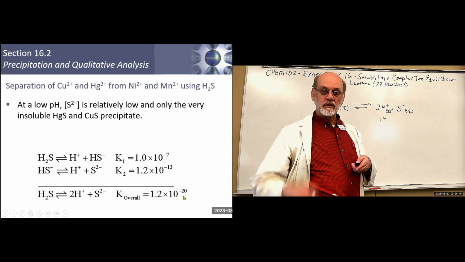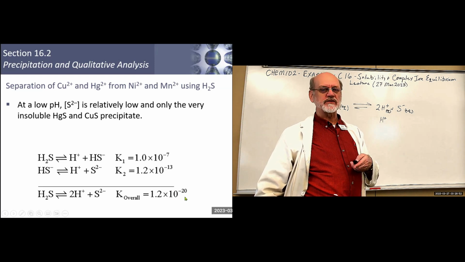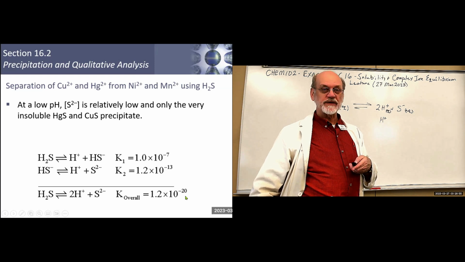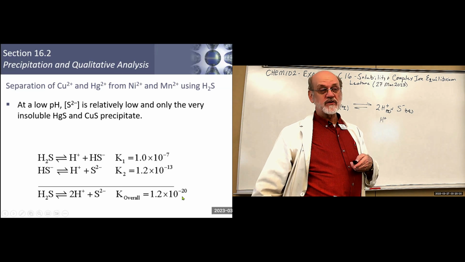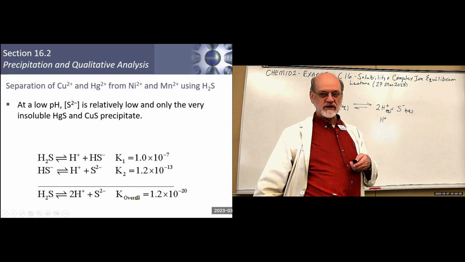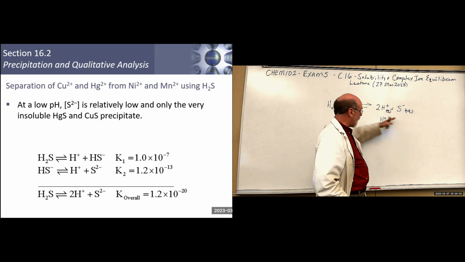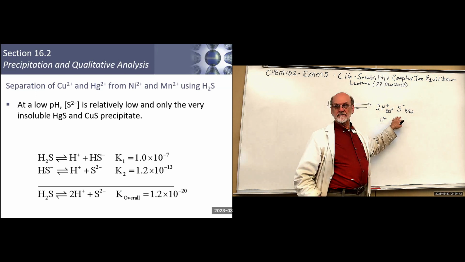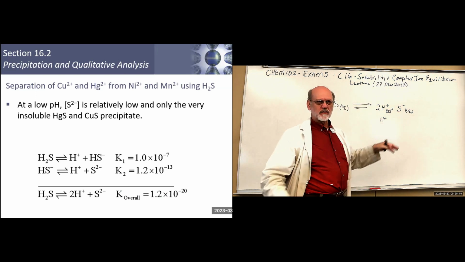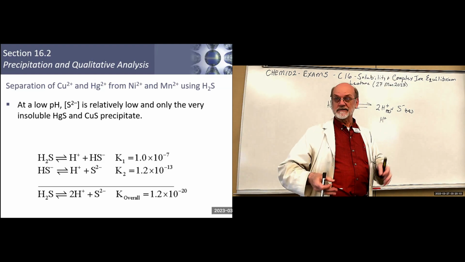The K is very low for this. And we want it to go even lower. I mean, we don't want the K to go lower. We want the concentration of sulfide to go lower. We want the equilibrium position to shift to the left. So what we do is decrease the pH to around 2. So we give it just enough hydrogen ions that it will suck some of this off and leave a very low concentration here.